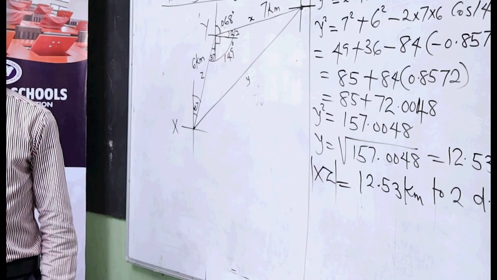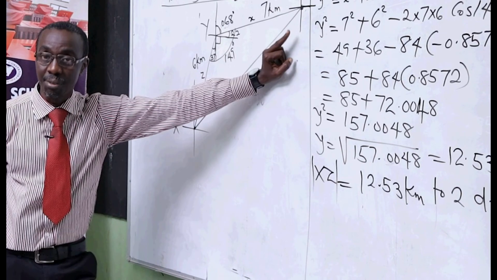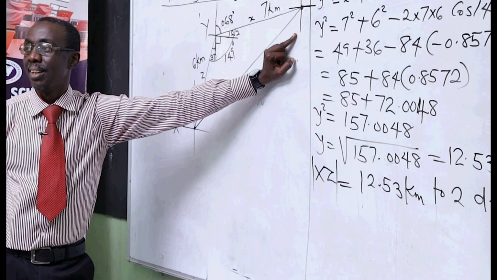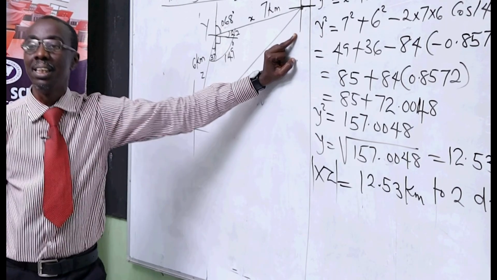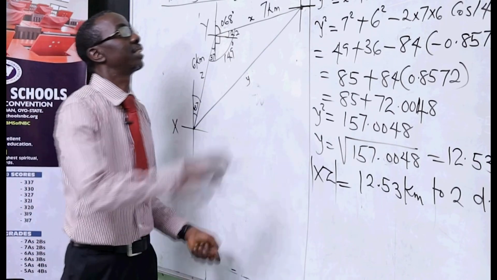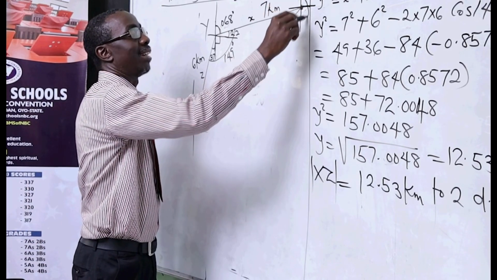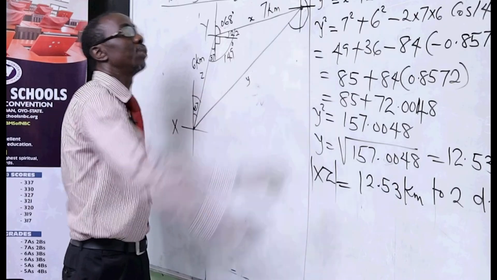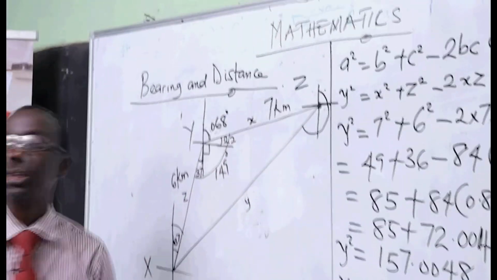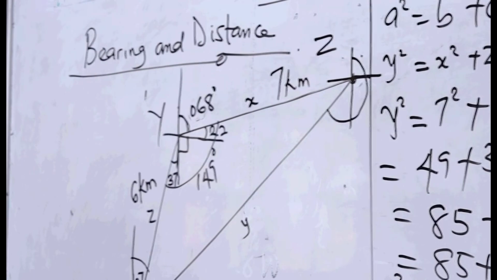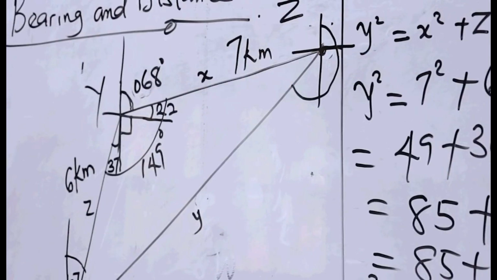When you get to the point of interest, I told you again to draw the 4 cardinal points. There, you can see I've drawn the 4 cardinal points. After drawing the 4 cardinal points, I said the third step is you move from the north in the clockwise direction until you get to the line joining the 2 points of consideration together. Are we still on the same page, class?